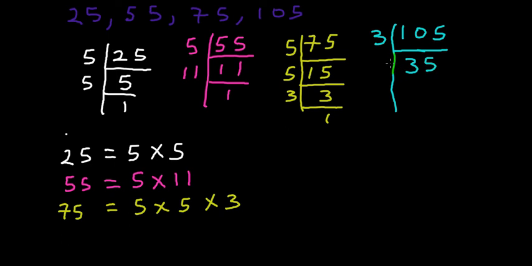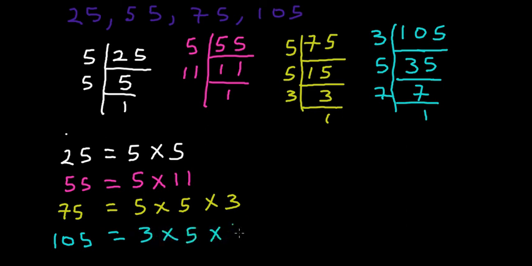Okay, so the best one now is 5 can now divide. 5 in 35 you get 7. Then 7 will divide 7, then you now get 1. So the prime factorization for 105 is 3 times 5 times 7.